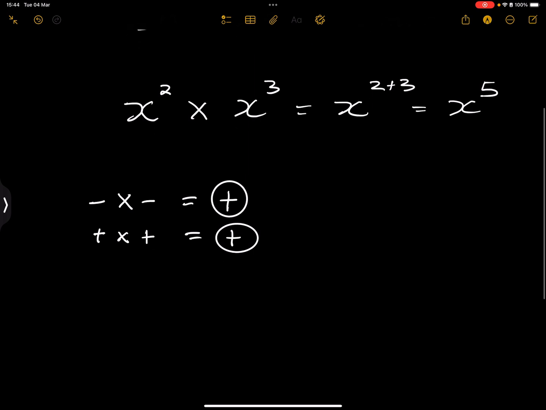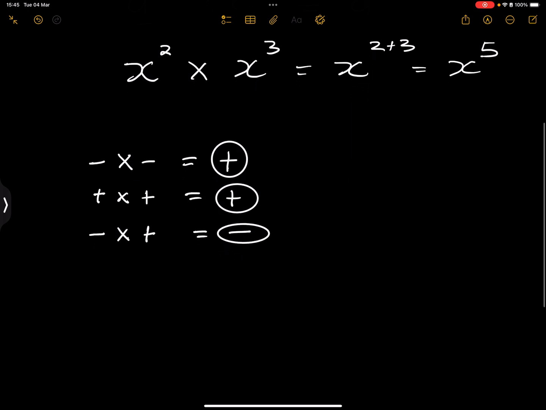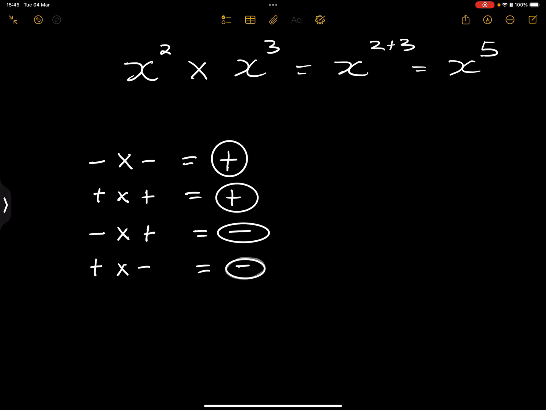If I multiply integers with different signs, I will always get a negative. A negative multiplied by a positive gives a negative, and a positive times a negative gives a negative.